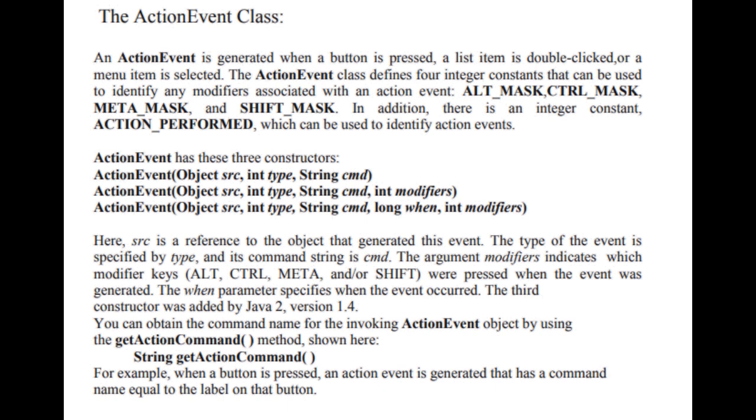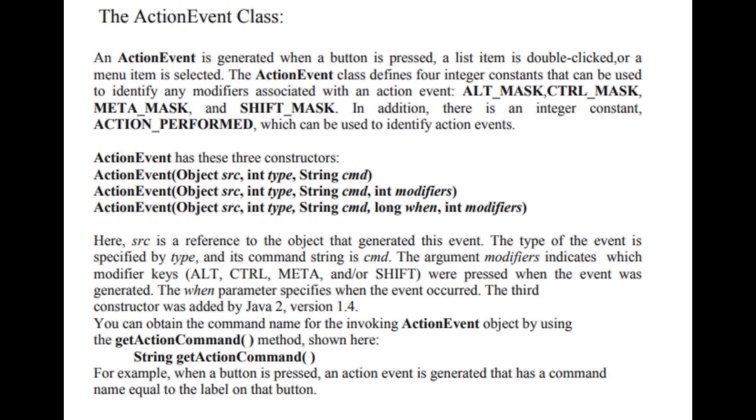It has a method named getActionCommand. This is very important. Assume a calculator GUI. There are many buttons on the calculator GUI. We want to recognize which button is clicked, 1, 2, 3, or 4, like that.